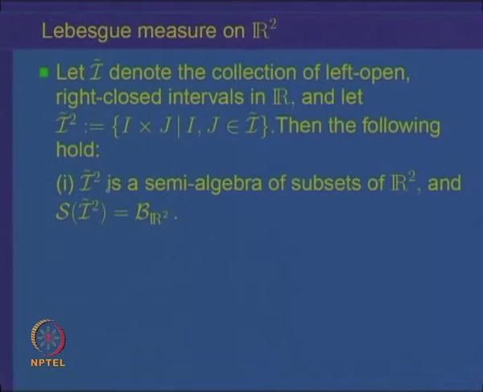So, that general construction tells us that the set of all rectangles with left open right closed intervals is a semi algebra. To show that the sigma algebra generated by the rectangles I tilde 2 is the Borel sigma algebra, we observe a few things.